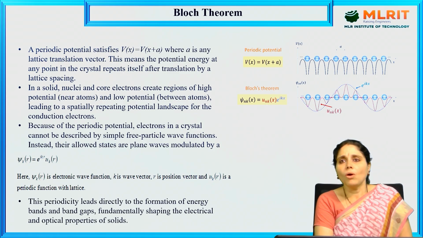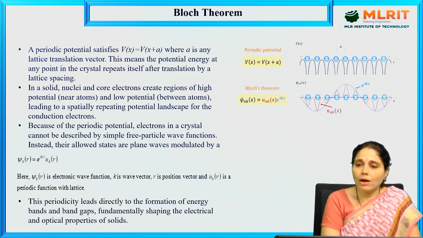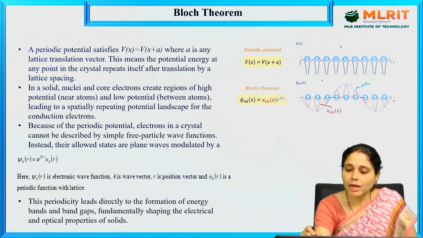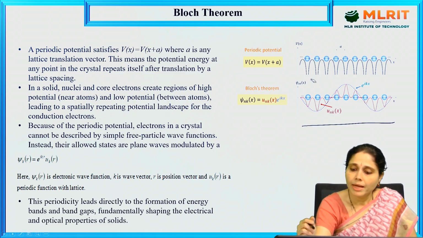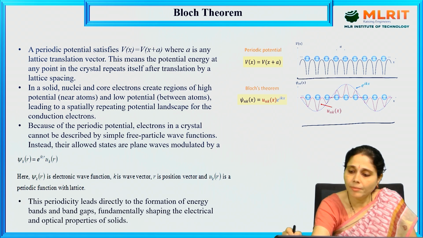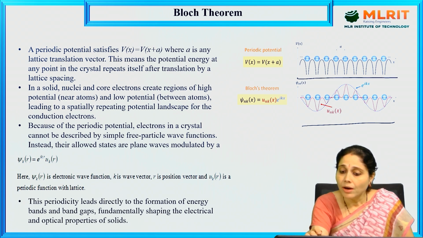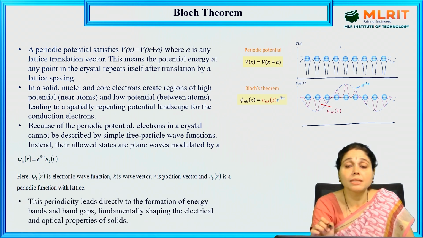So this is the Bloch theorem definition. Next, see the diagram over here. What does this diagram depict? It shows a periodic potential, meaning the potential energy.